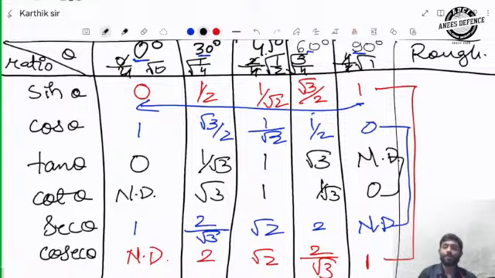Okay, in pairs. Remember that, getting my point? Always remember that this table is the easiest table to remember and the easiest way to solve. Okay.